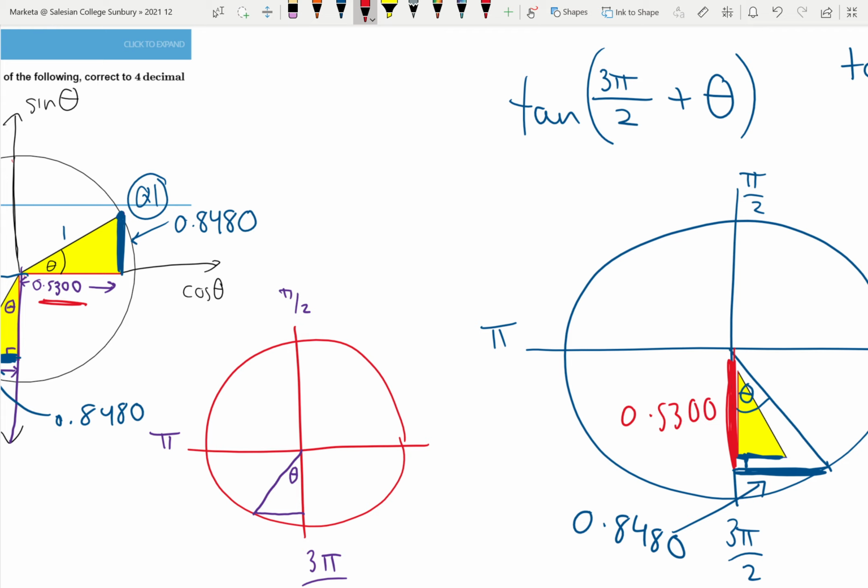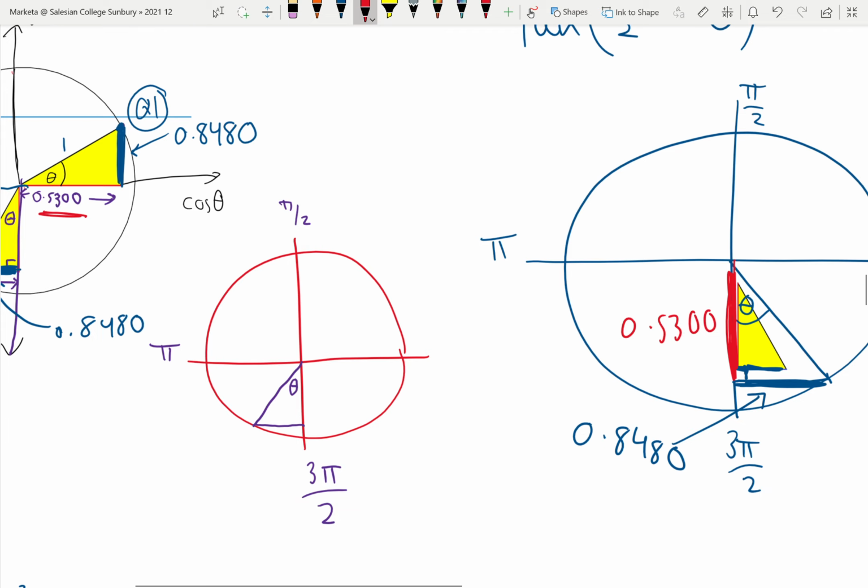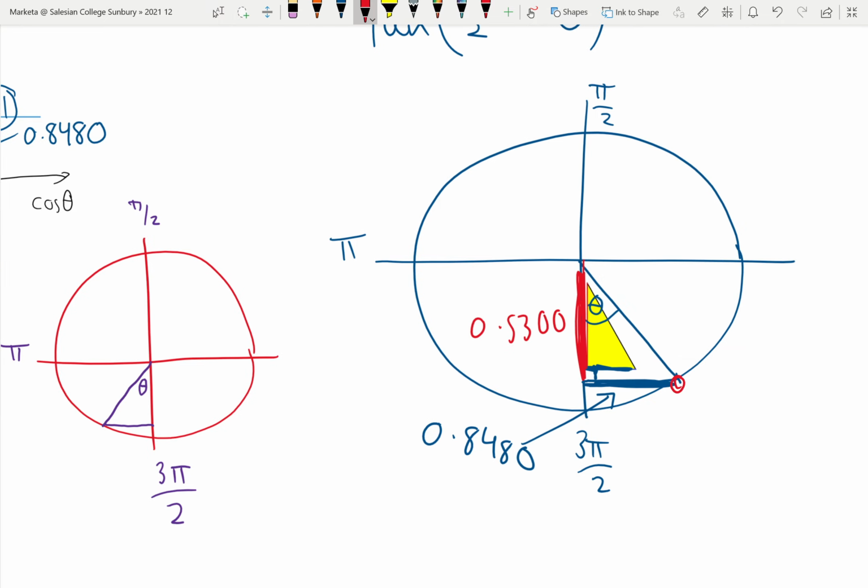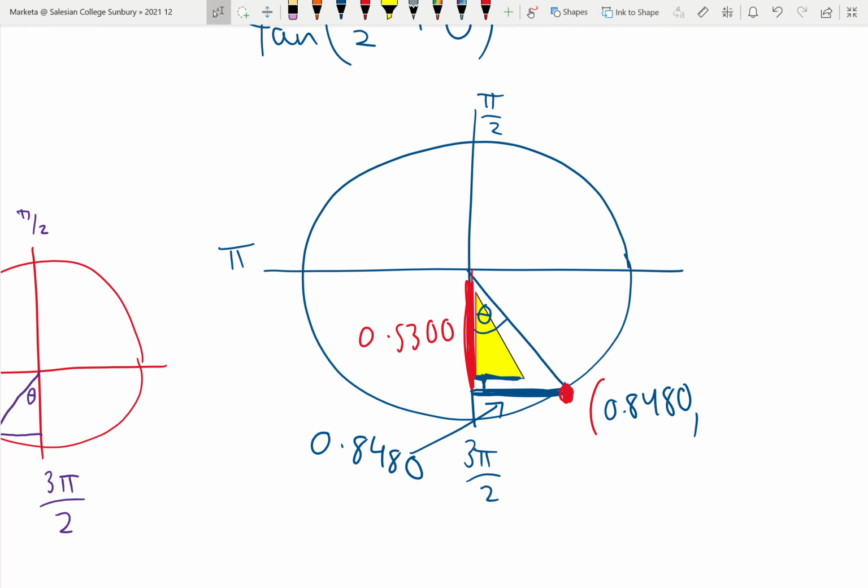So we can see that if there's a point here, our x value, which is given by the blue, is positive, so it's positive 0.8480. The y value of that point is going to be negative because it's in the negative zone for the y-axis, or the sine.